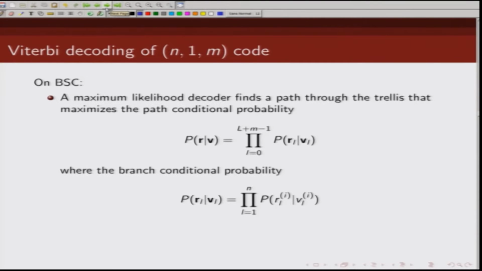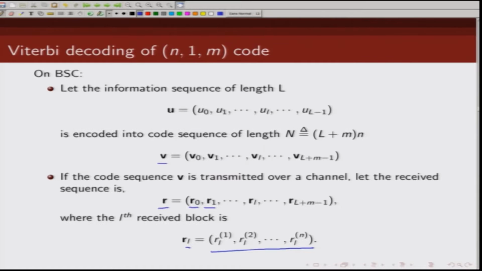Now, we know that a maximum likelihood decoder will try to maximize the likelihood function. It is going to find a path through this trellis that maximizes the path conditional probability. Now, we can define the probability of R given V. R consists of these L plus m elements, and each Ri is further an n-bit vector.